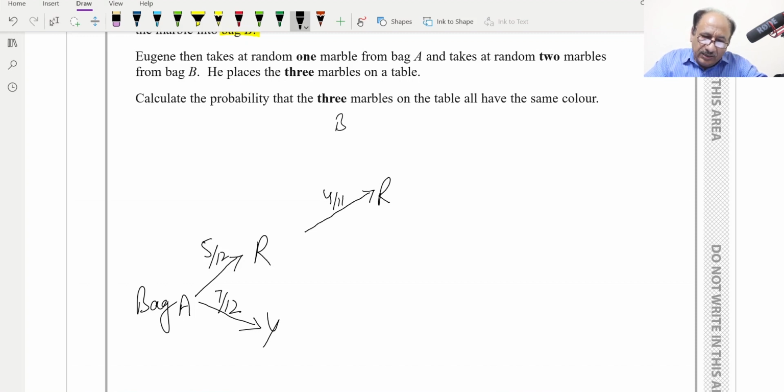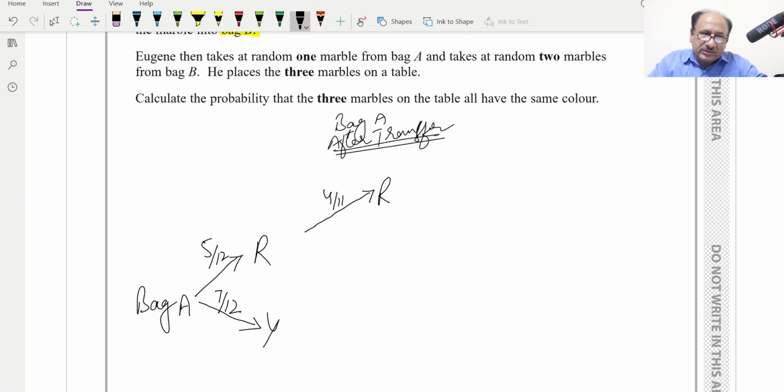This is bag A, this is bag A after transfer. After transfer, this will be the situation.